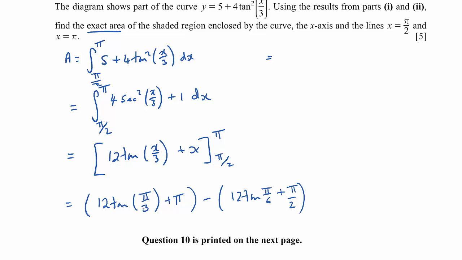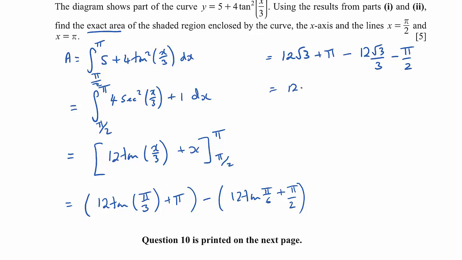Well, tan of pi by 3 is root 3, so that's 12 root 3 plus pi. Tan pi by 6 is 1 over root 3, or root 3 on 3, so we've got 12 root 3 on 3, and we've also got to take away the pi by 2.